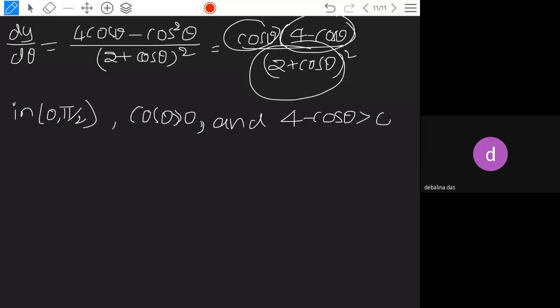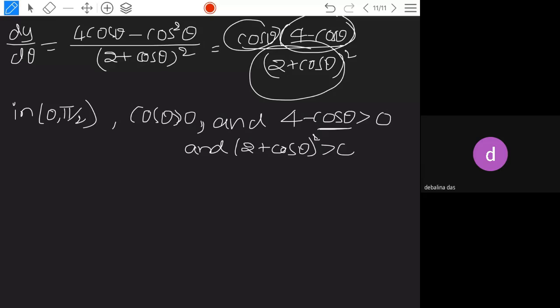Why this one? Because the cos theta value can never be more than 1. So 4 minus the maximum value 1, that is 4 minus 1, is greater than 0. And also (2 plus cos theta) whole square is always greater than 0 because the whole square is there.